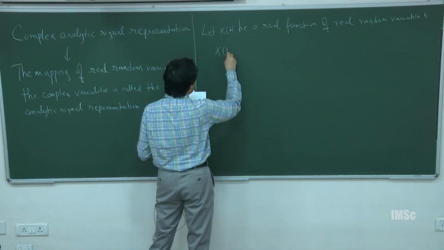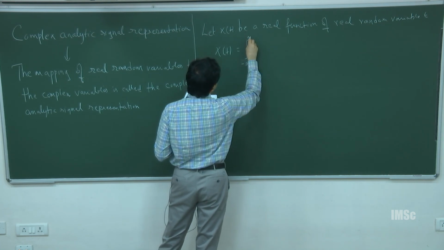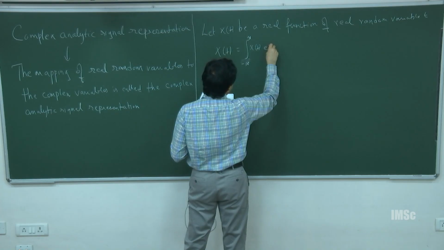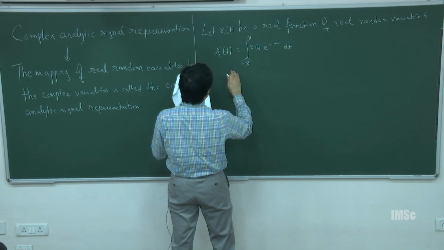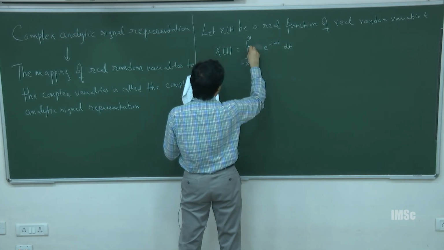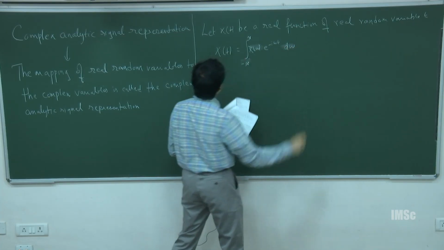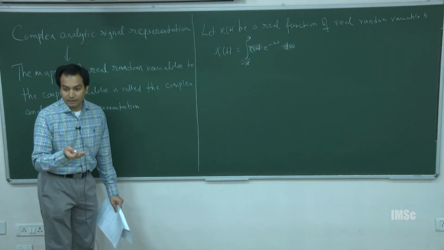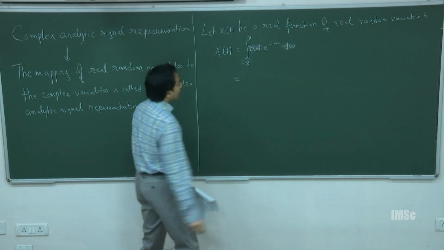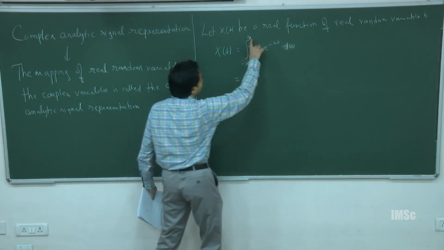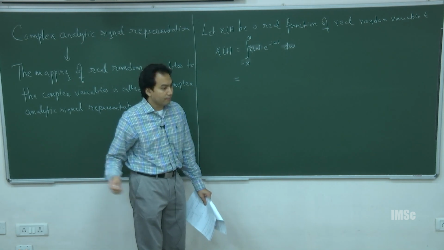So x of t and x of omega are related, and we assume that the Fourier transform exists. Now, we can do something here. We can split this integrand into two parts, one for the negative frequency and one for the positive frequency.